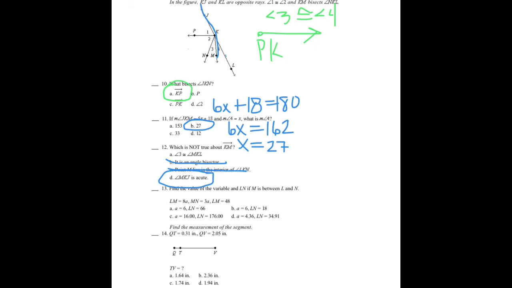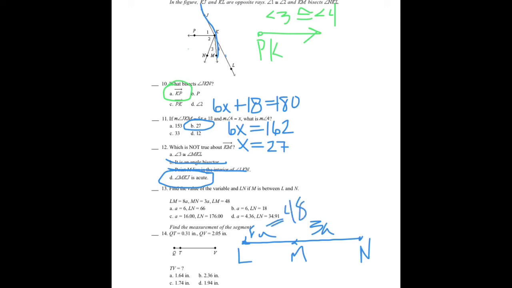Next question, find the value of the variable and LN if M lies between L and N. So I'm going to draw a picture. M is in the middle, so here's L, here's M, here's N. I know that LM equals 8a, MN equals 3a, and LM equals 48.